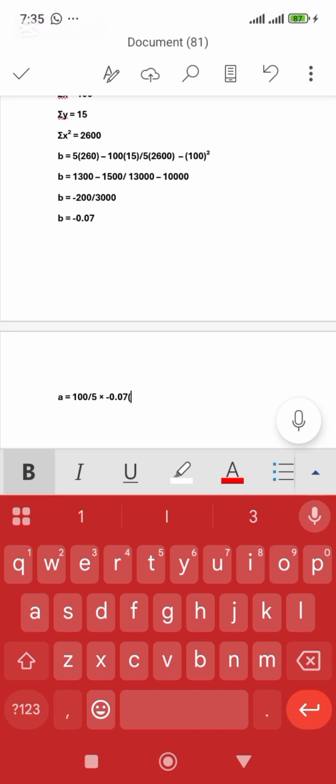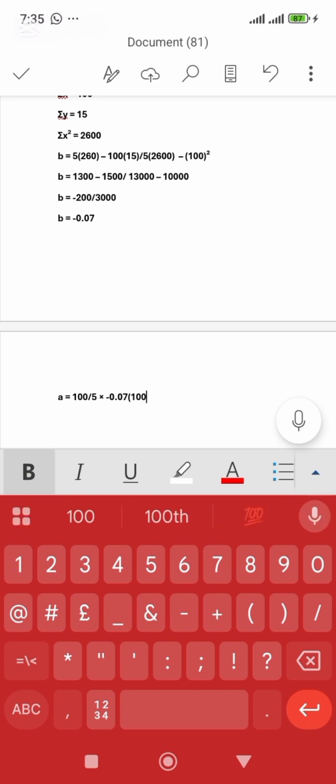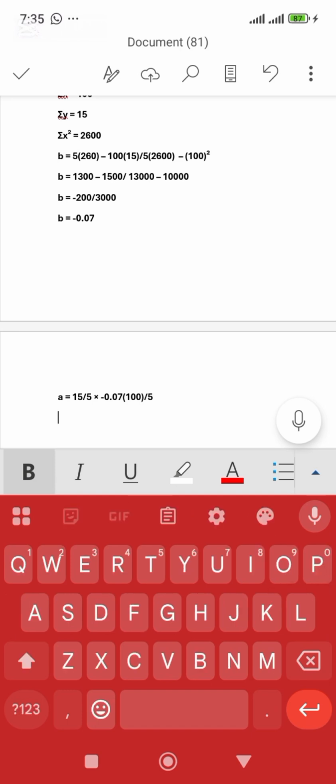We need to correct that summation y now to not cause mistake. Sorry about that, when the body is tired, it tends to react. Yes, so that's 100. Let me turn it to 15 back. I've corrected it. Divided by 5.